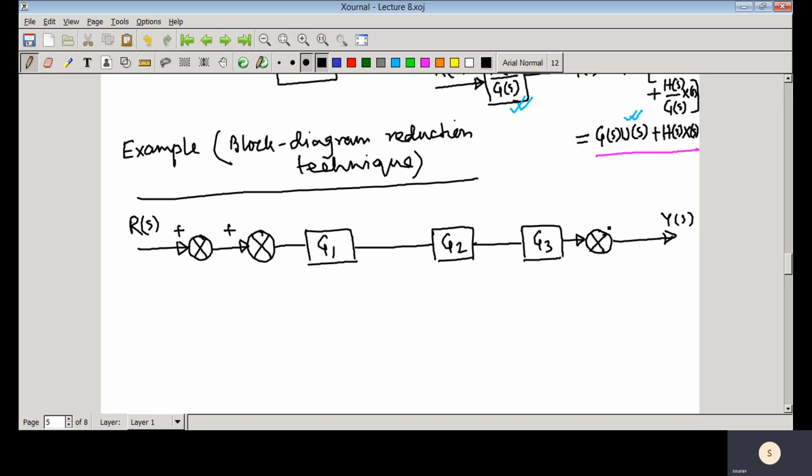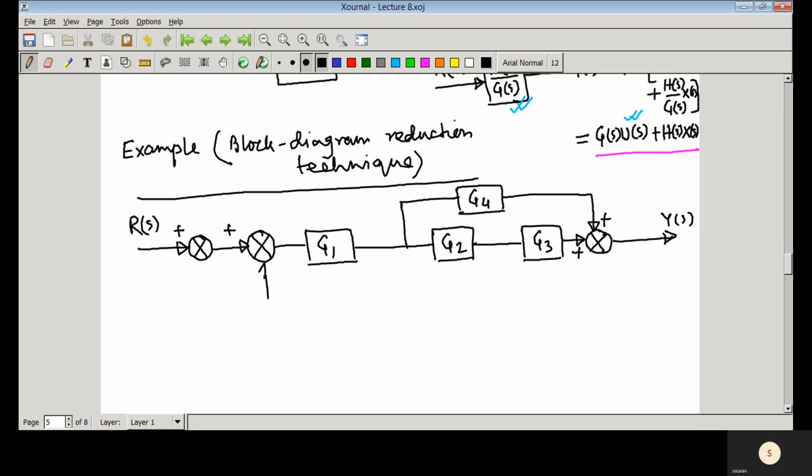In this particular block diagram you can see there are three comparators involved. G4, these are all transfer functions. I am not showing the s.